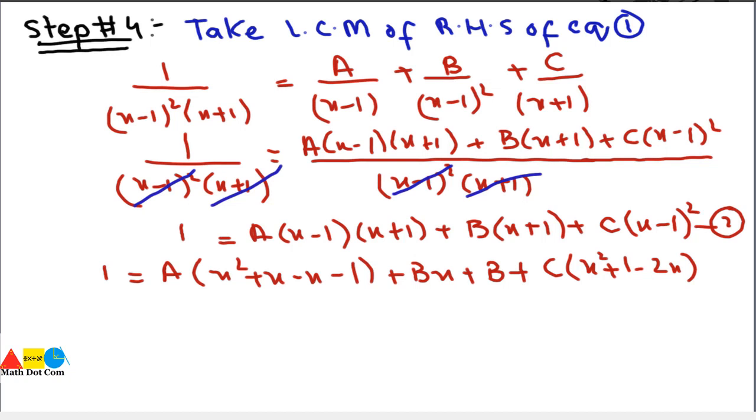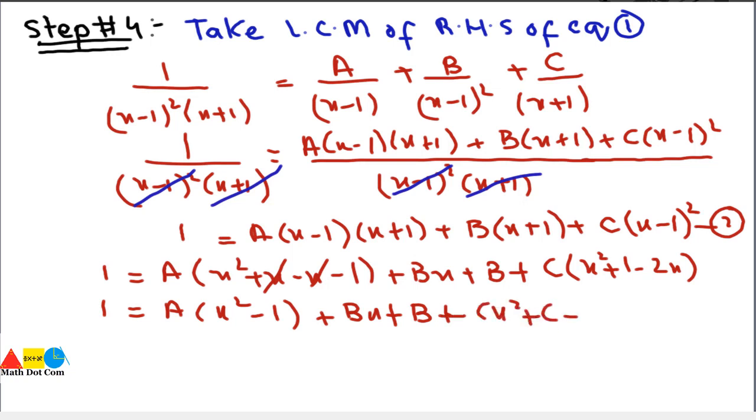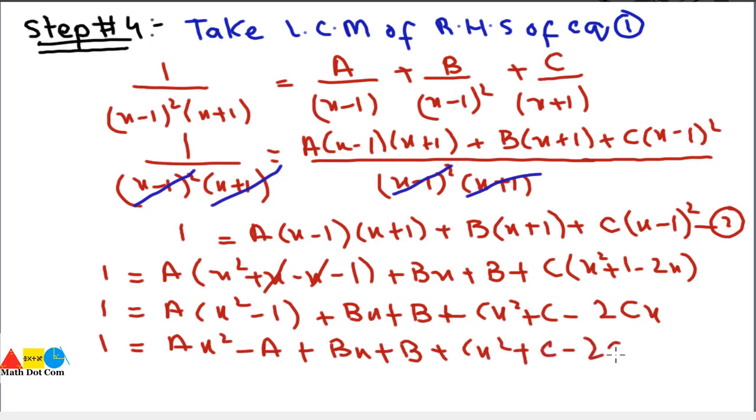Let's see how. Currently, just see how we can simplify this equation as 1 is equal to a into (x square minus 1), plus bx plus b plus cx square plus c minus 2cx. So it will be 1 is equal to ax square minus a plus bx plus b plus cx square plus c minus 2cx.